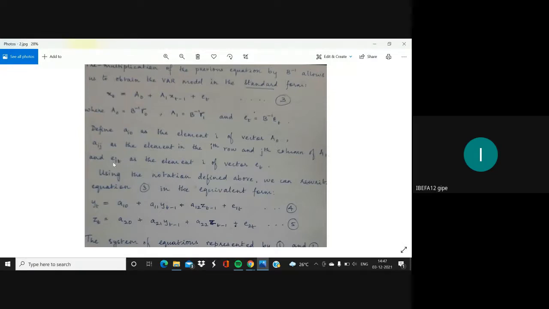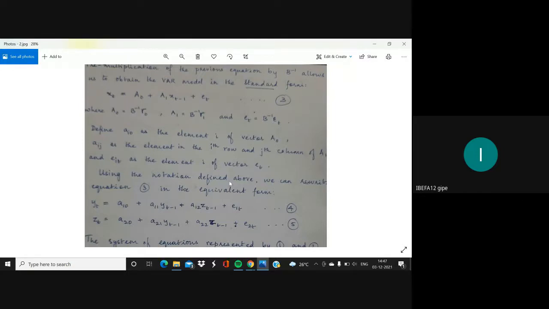Similarly, eit denotes the element i of vector et. Once I share the notes with you, try and multiply it out. I think it's given elsewhere in this set of notes, but try and multiply it out so that you know exactly what those terms are, what a1 naught is, what a2 naught is, similarly what a12 is.